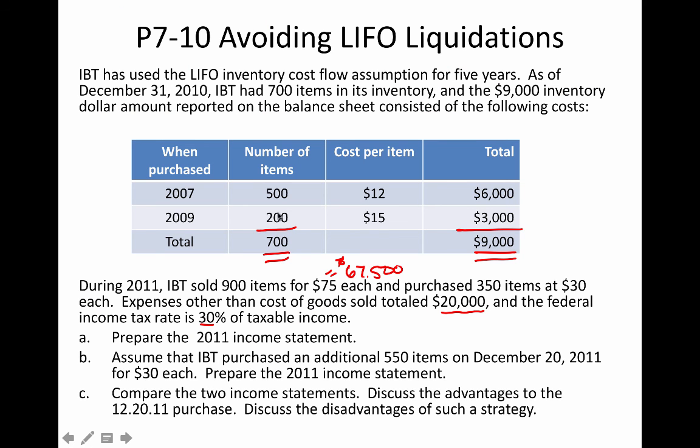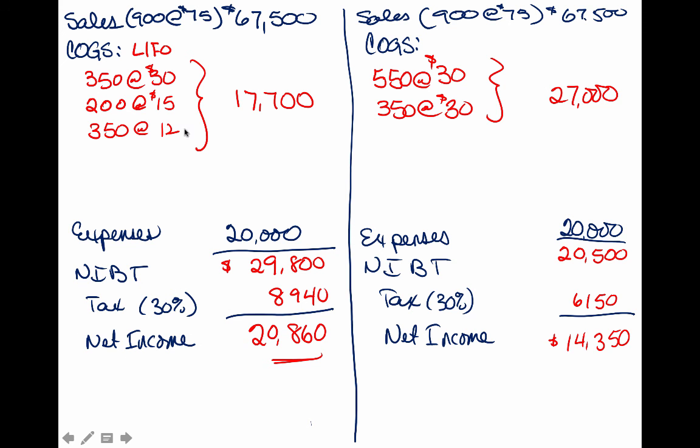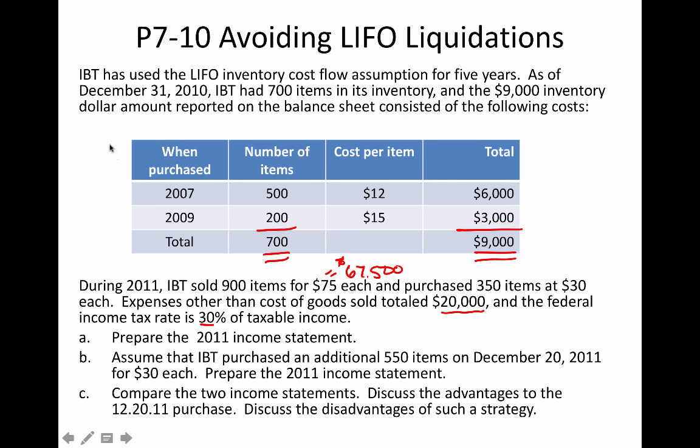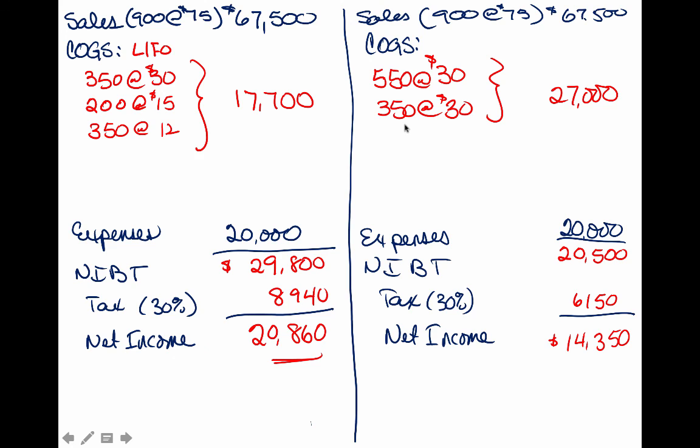We then tap into the 200 units at $15. And then we need another 350 units of this cheaper $12 layer. So cost of goods sold is $17,700. Other expenses $20,000. Net income before tax, $29,800. 30% is taxes. Net income of $20,860.